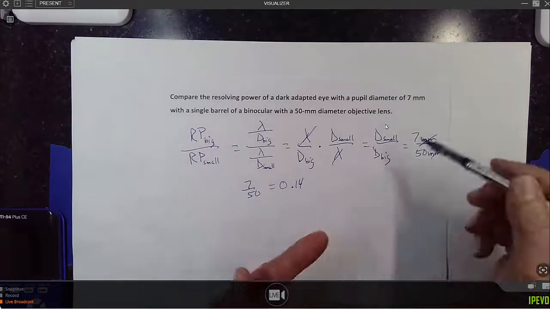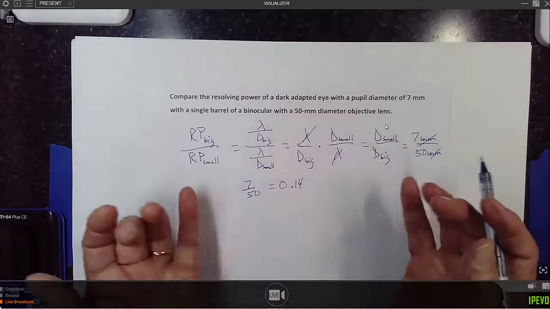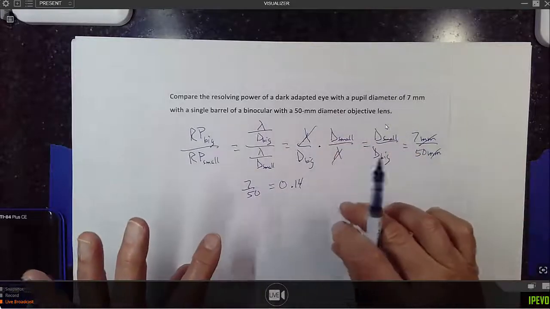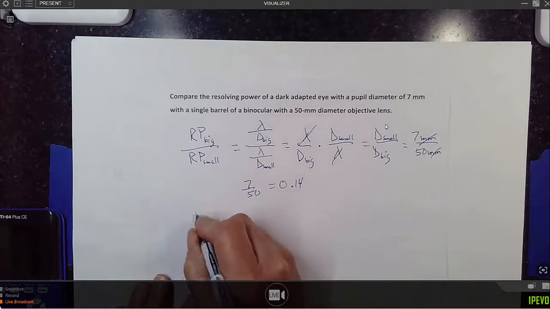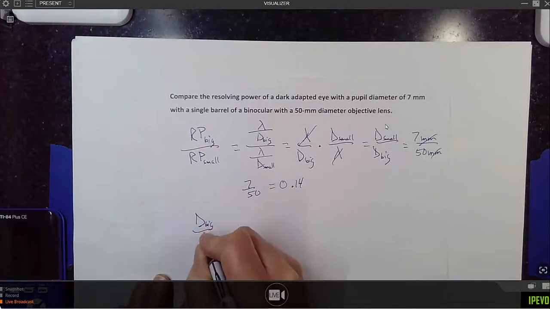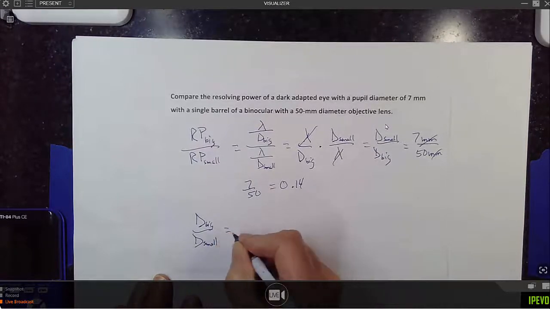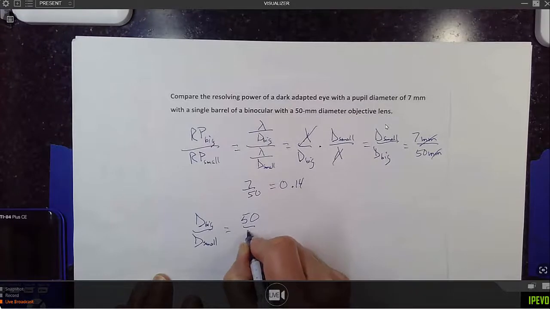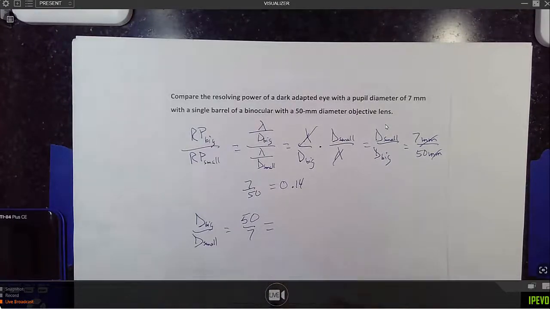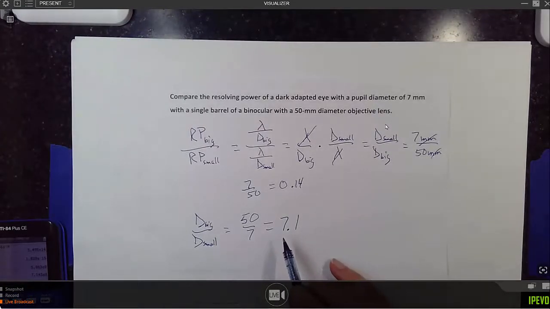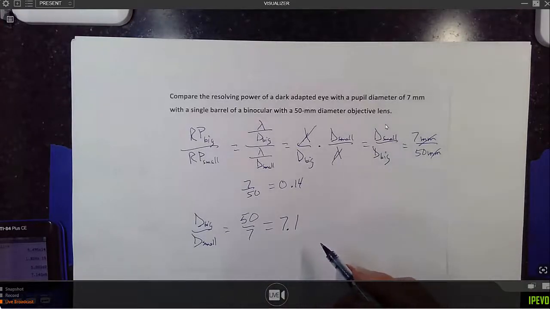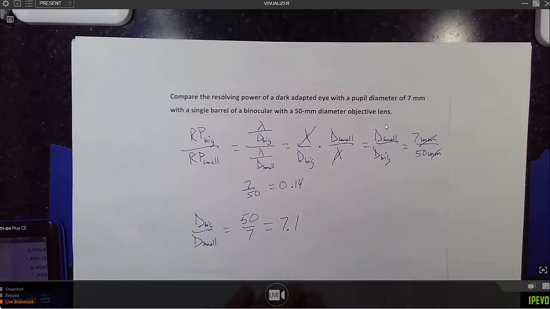I could also do the reciprocal, and the mathematics would be identical, except I'd end up with the diameter of the big one over that of the small one. If I do that, I'd end up with 50 divided by 7, and so I get about 7.1. And that tells me that whatever angle you can resolve with the big one, the angle that you can resolve with the small one is going to be 7 times bigger.